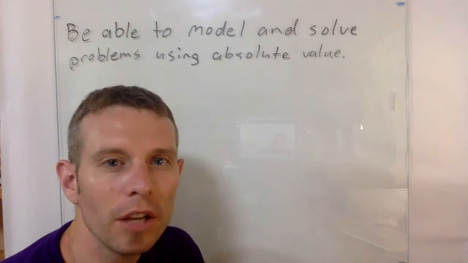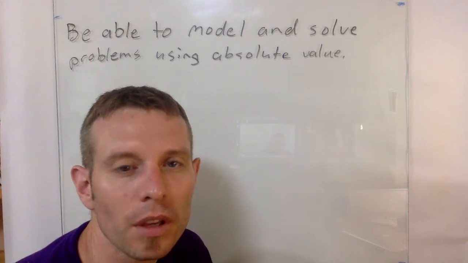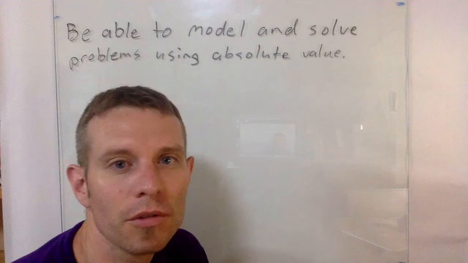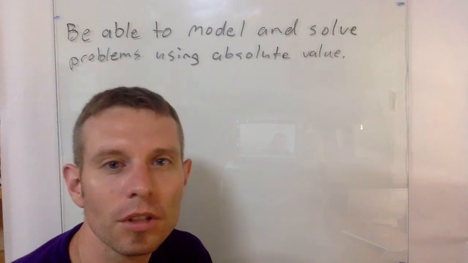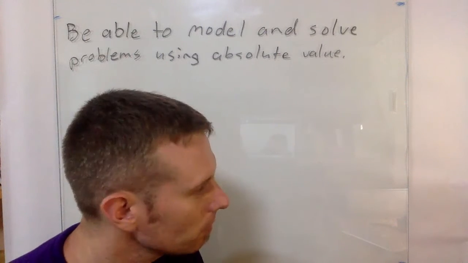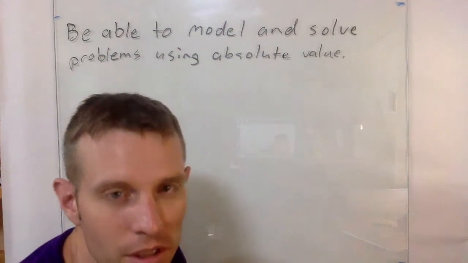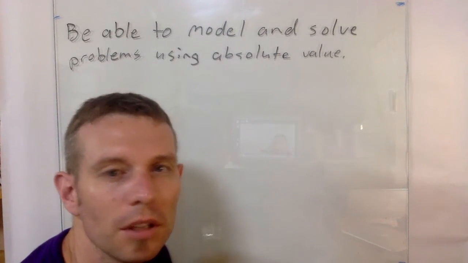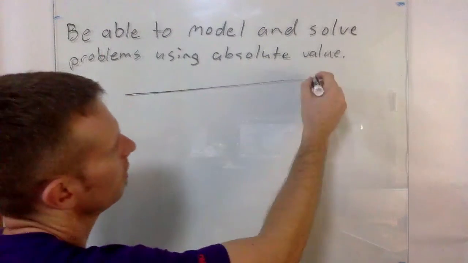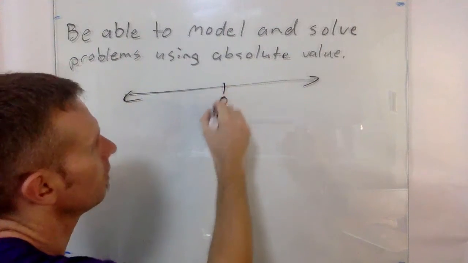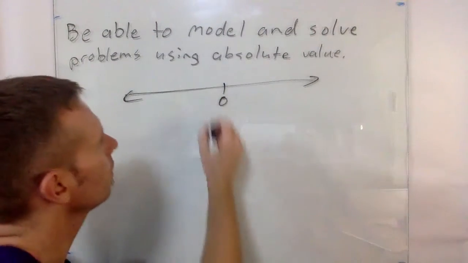Absolute value is basically the distance from 0 on a number line. Or it doesn't necessarily have to be on a number line, but distance from 0. So, for example, let's just draw this number line out here.